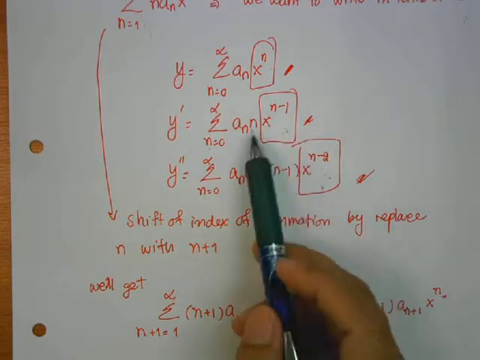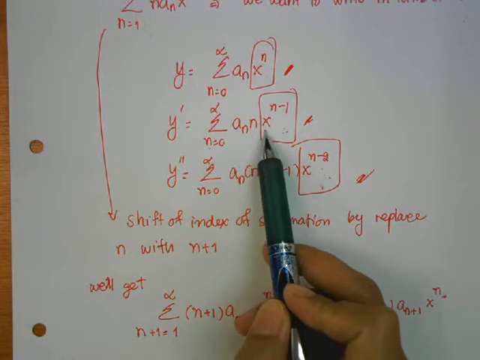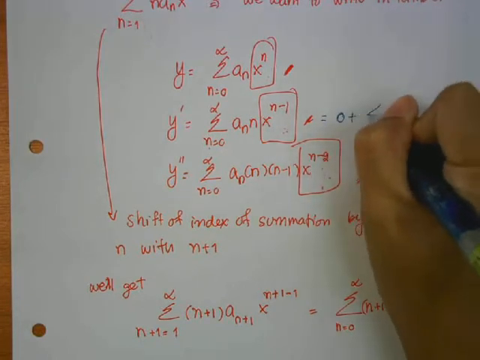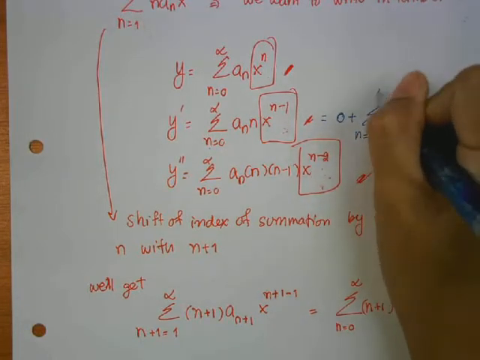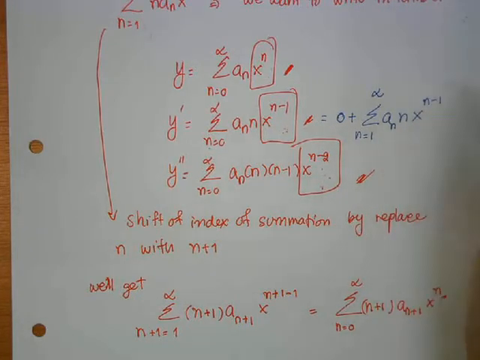If you put n equal to 0 there, you would get 0, right? So this term gives you 0 plus the summation from n equal to 1 until infinity of a_n times x to the power n minus 1.